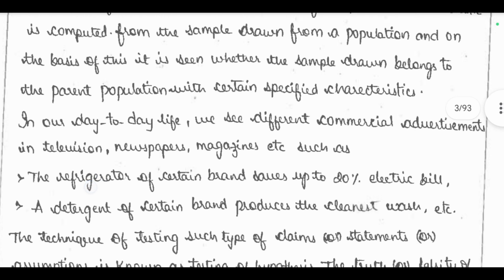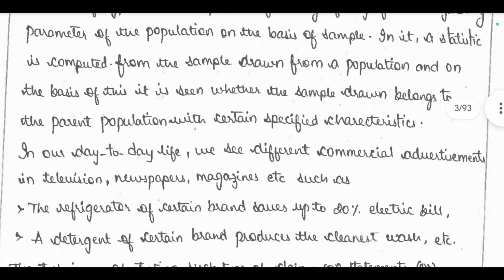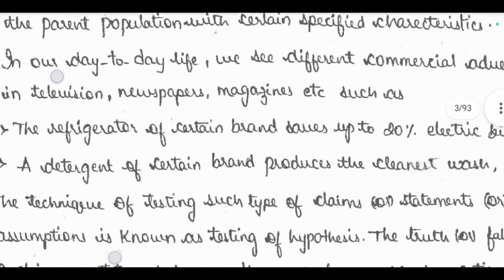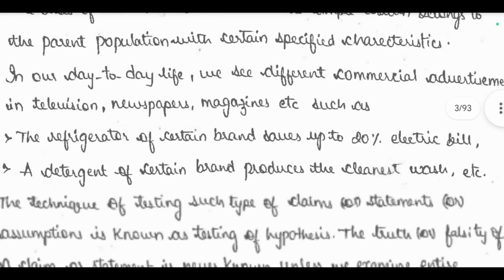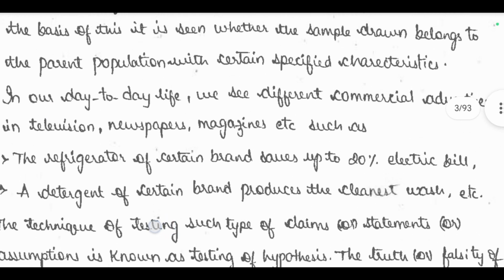In our day-to-day life, we see different commercial advertisements in television, newspapers and magazines, such as a refrigerator of a certain brand saves up to 20% of the electrical bill.